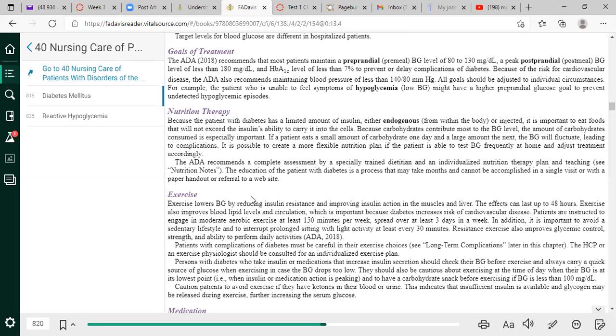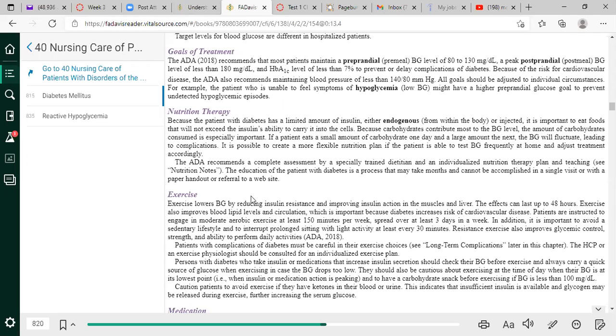I'll read it. Exercise lowers blood glucose by reducing insulin resistance and improving insulin action in the muscles and liver. The effects can last up to 48 hours. Exercise also improves lipid levels and circulation, which is important because diabetes increases risk of cardiovascular disease. Patients are instructed to engage in moderate exercise at least 150 minutes per week, spread over at least 3 days in a week.